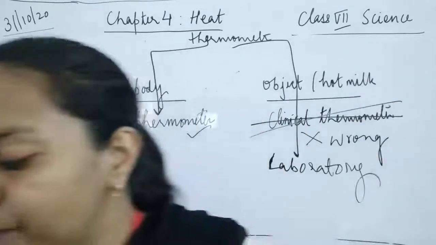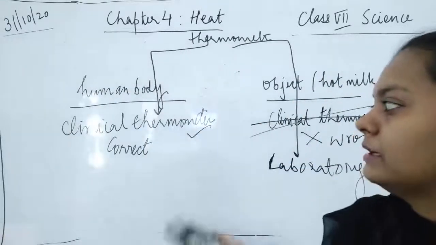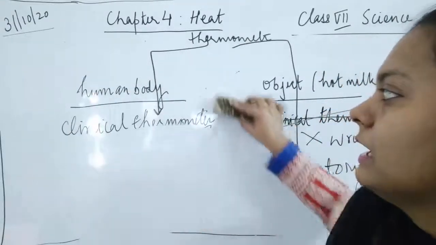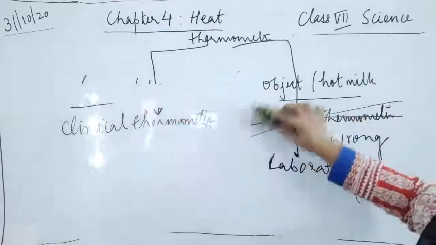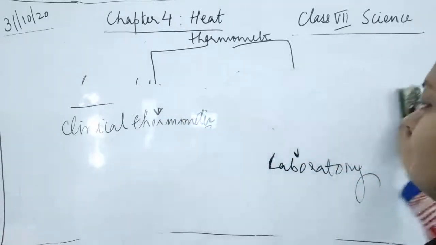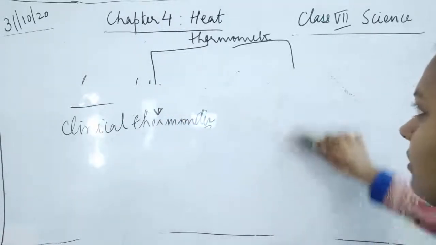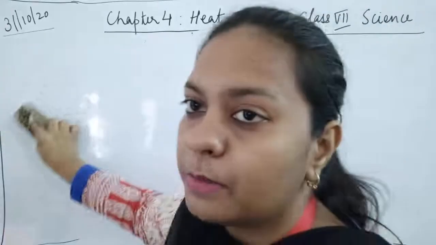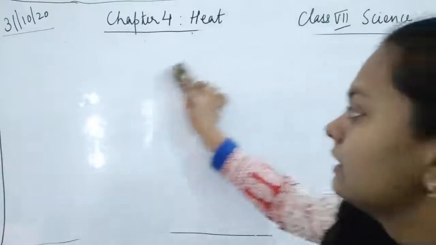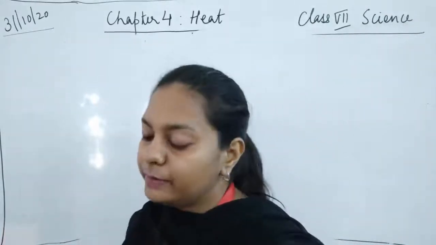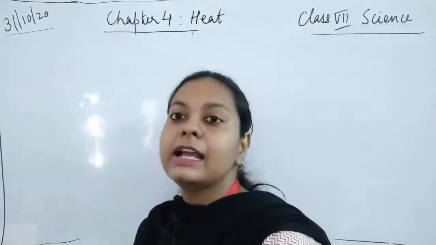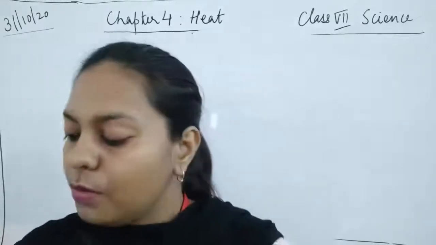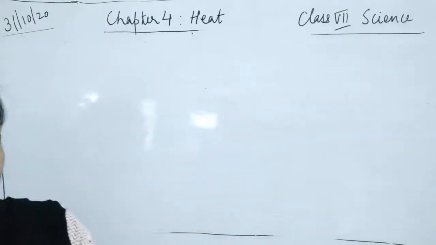So if you have to say how many types of thermometers there are, they are the clinical thermometer and the laboratory thermometer. If we have to measure the temperature of any object, we will use the laboratory thermometer.